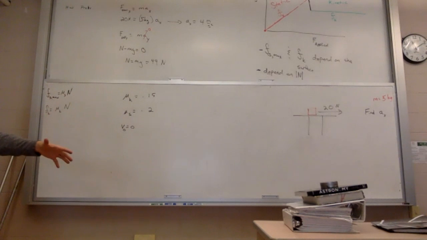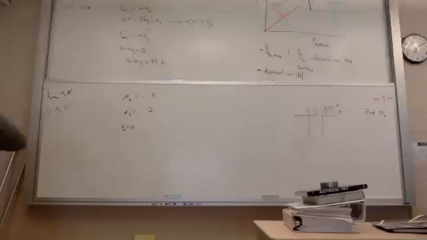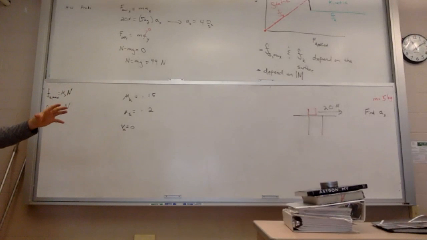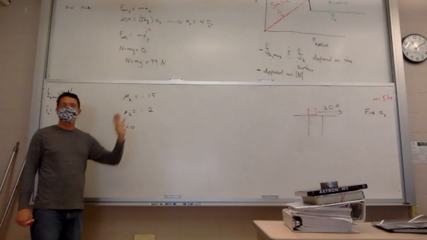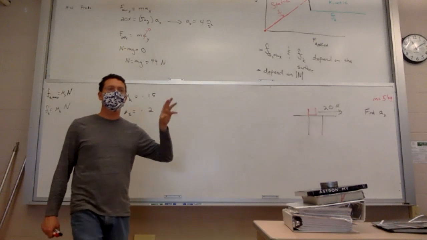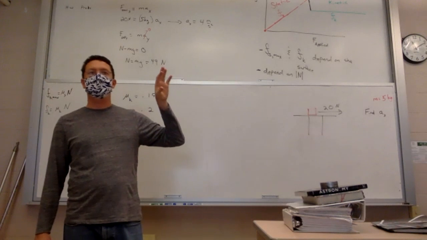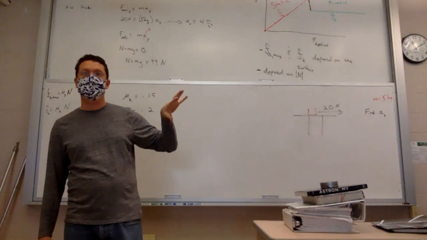Yes or no? If the answer is yes, well, then that's the end. If the answer is no, you could imagine it starts to move, and then after it starts to move, what will the acceleration be?